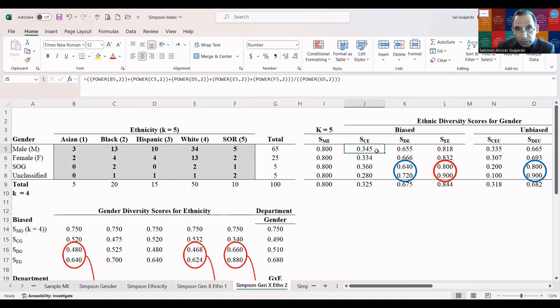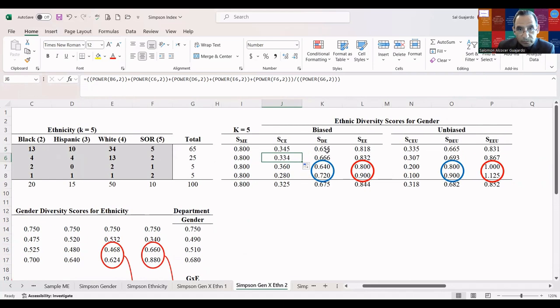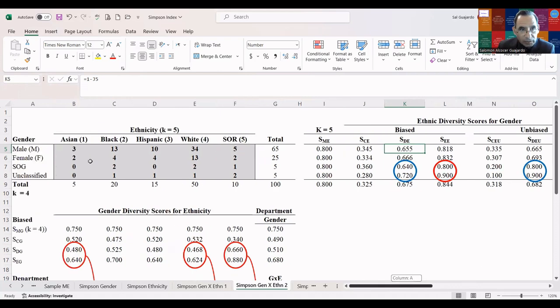Now, if I just drag down the formula, that's going to give me the concentration score for females by ethnic group. Let me go back to the male group. So again, to obtain the diversity score, it's going to be 1 minus 0.345. That's going to give me the 0.655, which means that there's a 66% chance that if I randomly select a male, they will be of a different ethnic group.